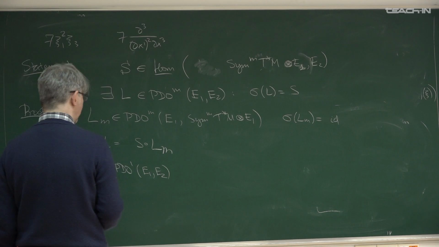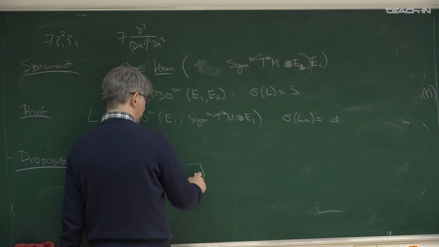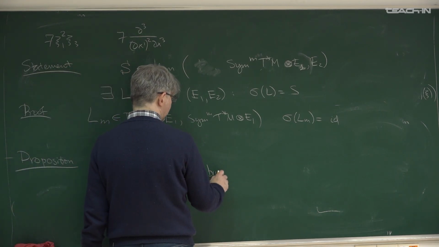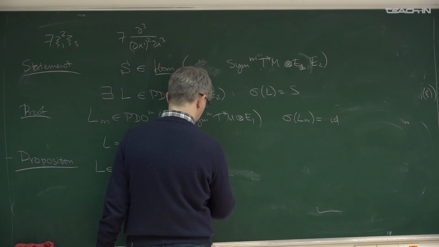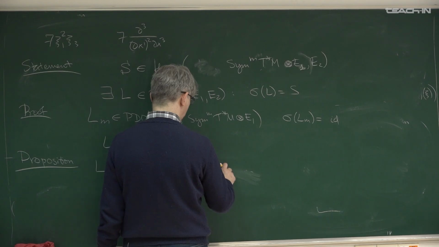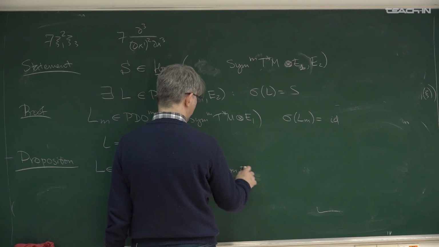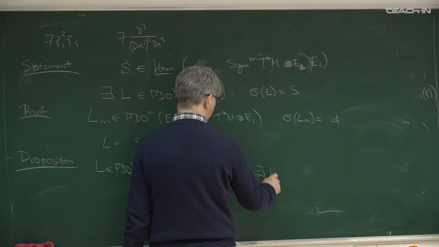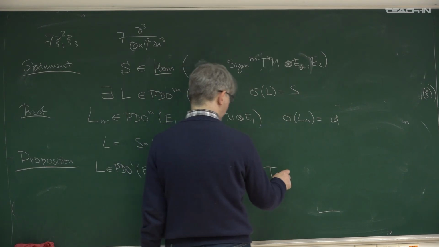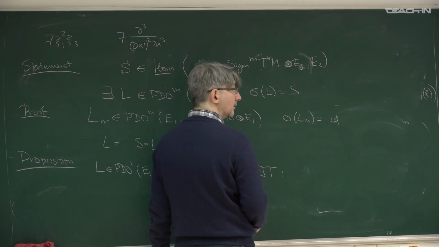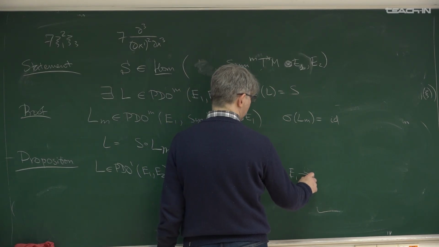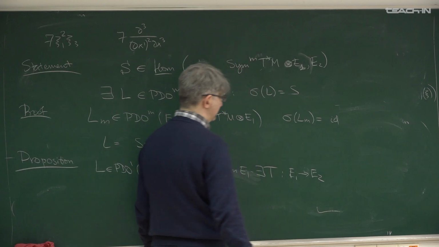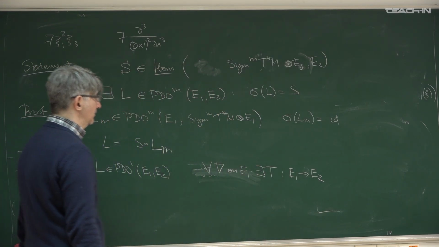The statement is as follows: for any connection nabla on E1, there exists a linear bundle morphism from E1 to E2.